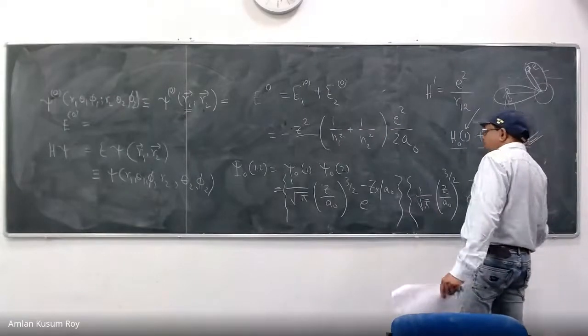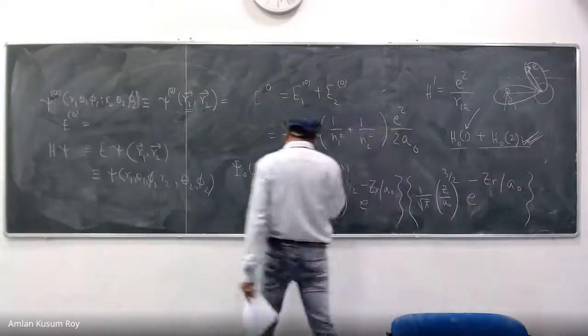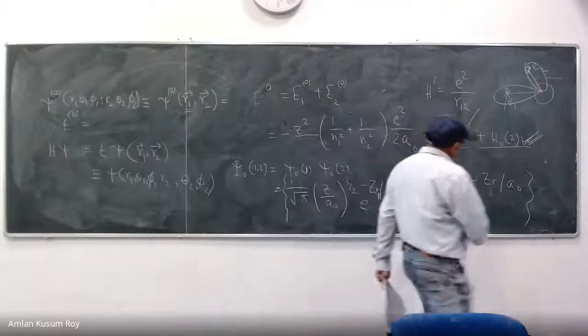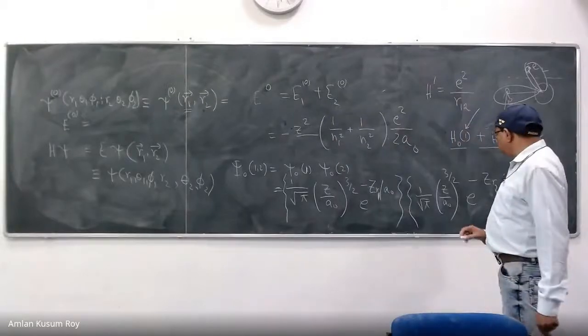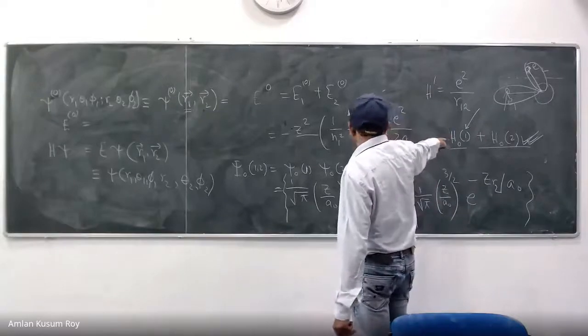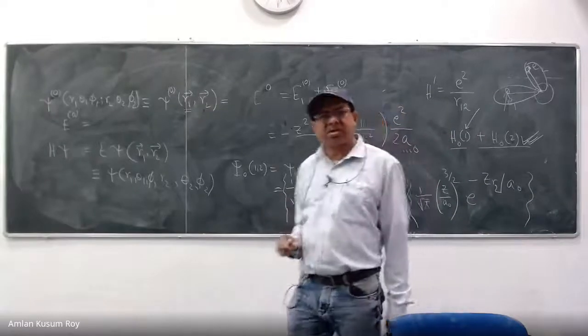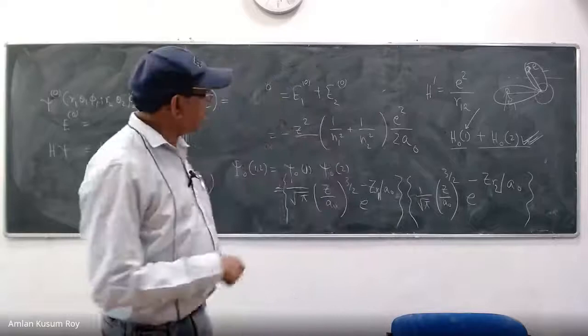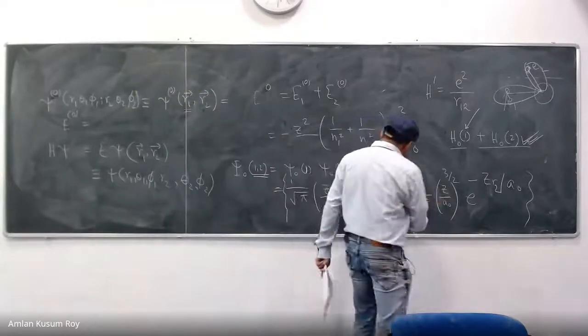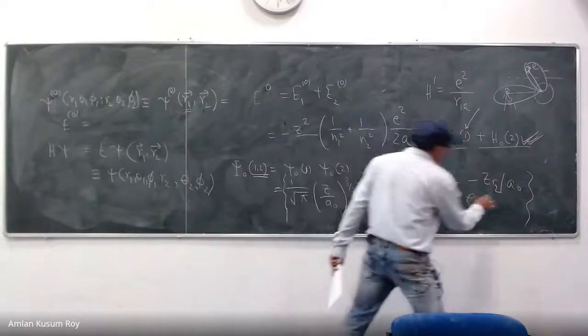Because we have given labels 1 and 2, you can write Z r1. It doesn't make any difference because the two electrons are completely identical, as they are under the same Hamiltonian. Just 1 and 2 are labels, right? So if you give 1, 2 over here, you should give Z r1 and Z r2.